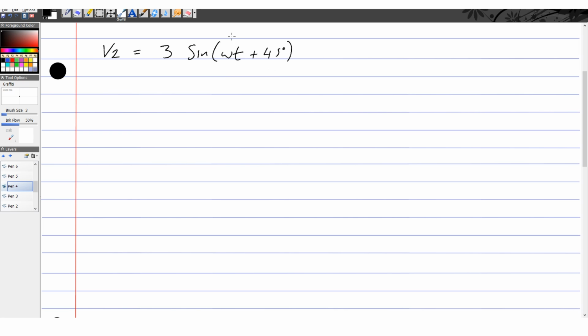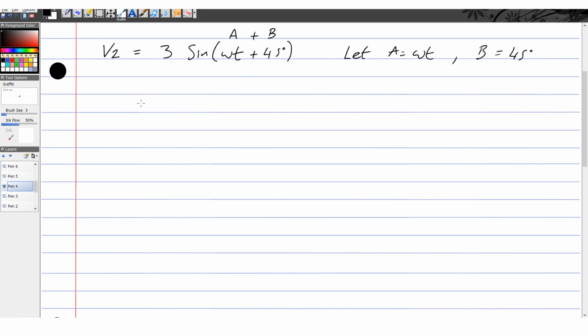So here we're going to use the compound angle formula. We're going to let A equal omega t and B equal to 45 degrees. You can do them in radians as well, but then your calculator needs to be in radians and the phase shift needs to be in radians too. But because I've got 45 degrees, I'm going to keep everything in degrees.